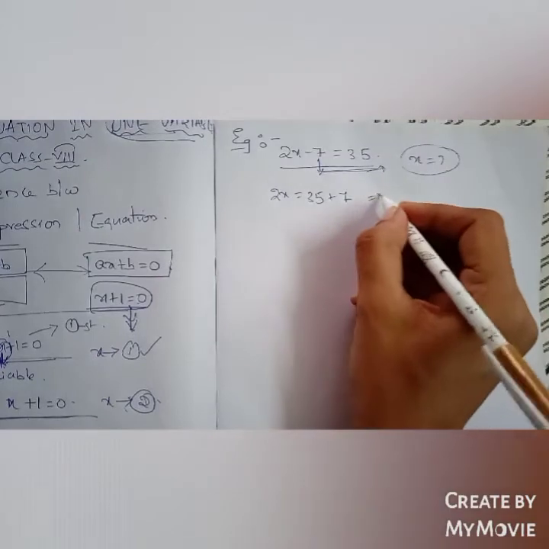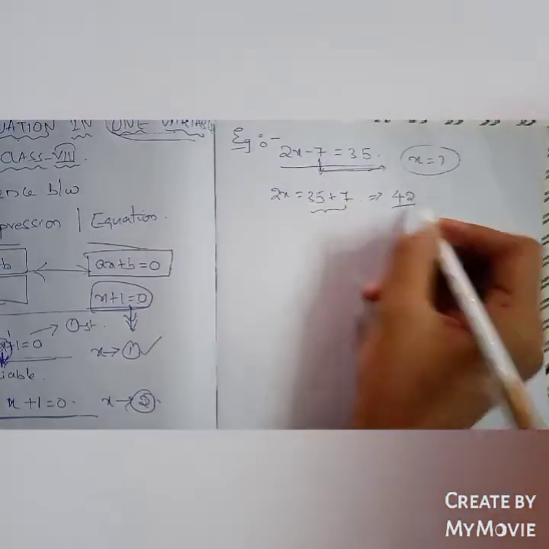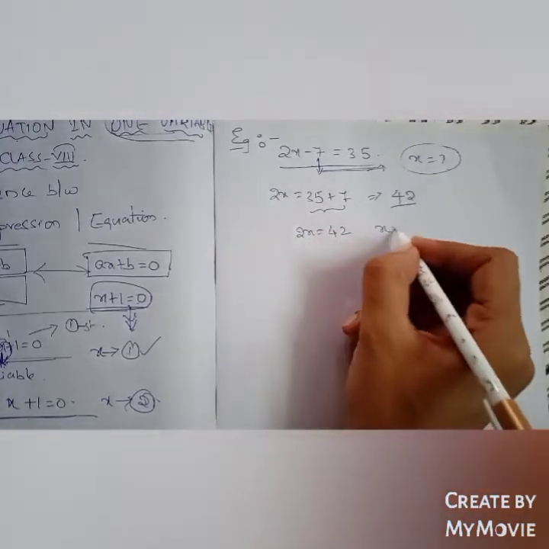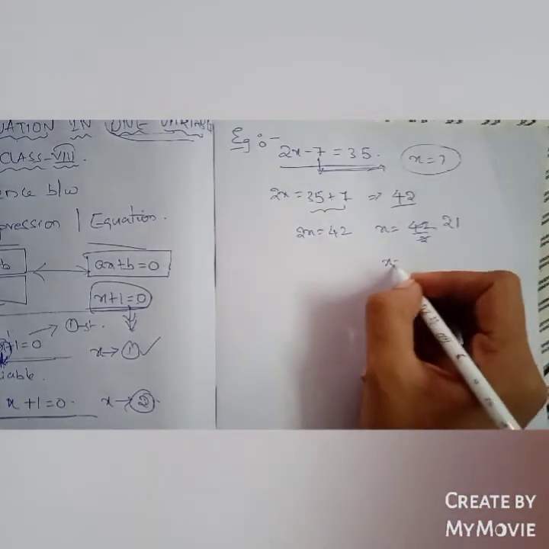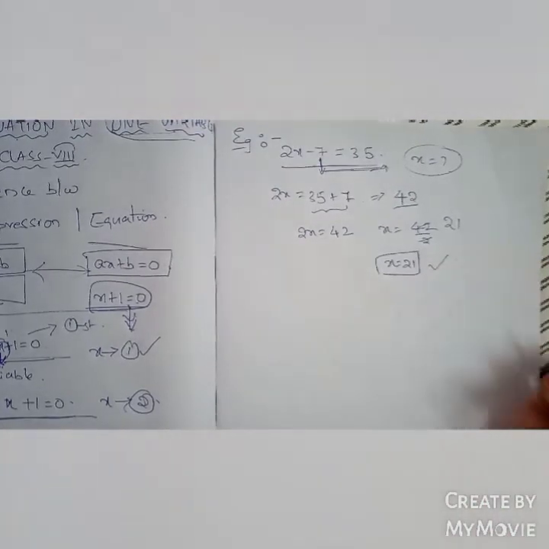The addition of these two is 42, so 2x is equal to 42, and x is equal to 42 by 2. The value of x is 21.